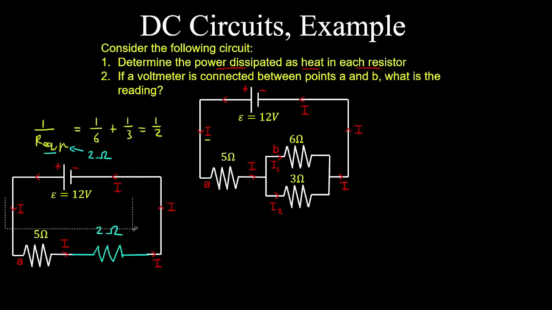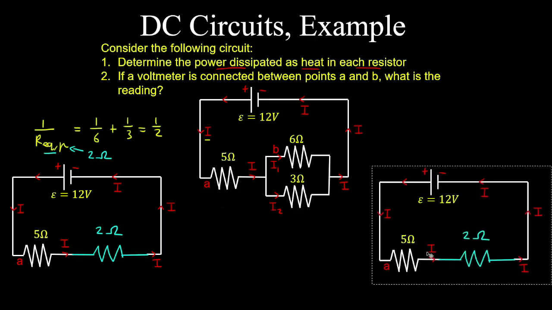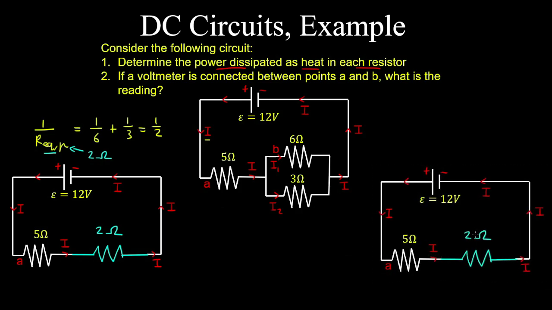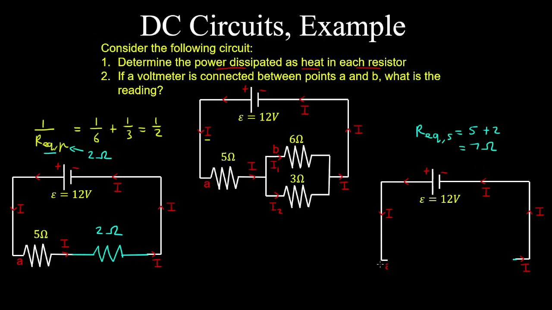And now we'll copy this circuit again, and we have the equivalent resistor and the left resistor in series. So therefore the equivalent resistance of those resistors in series is the sum of the individual resistances, which is 7 ohms. So we can also collapse these into a single resistor, having a resistance of 7 ohms.